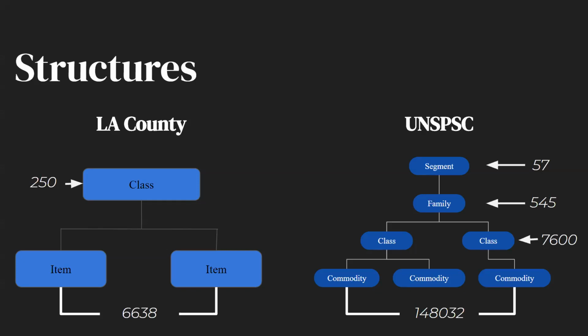This level is called the segment level. When you go down a level, it gets a little more focused, but still really general. This is called the family level. Each family has a lower level as well, called the class level. The class level is still general, but gives you a better idea of what is possible to buy. The commodity level is the actual item the organization would be purchasing from the UNSPSC standard.